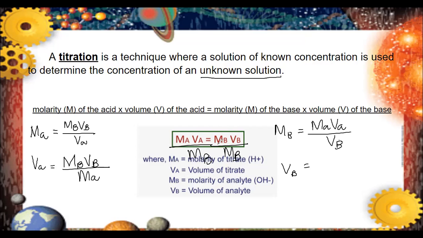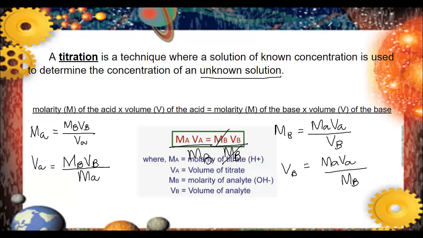So we have VB. Alright, so let us cancel the 2. Now, yung naiwan natin is MA VA over MB. So these are the 4 formulas that we have for titration.